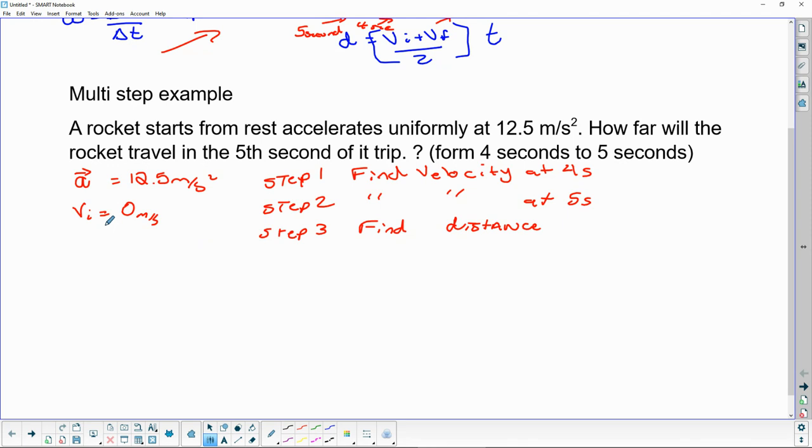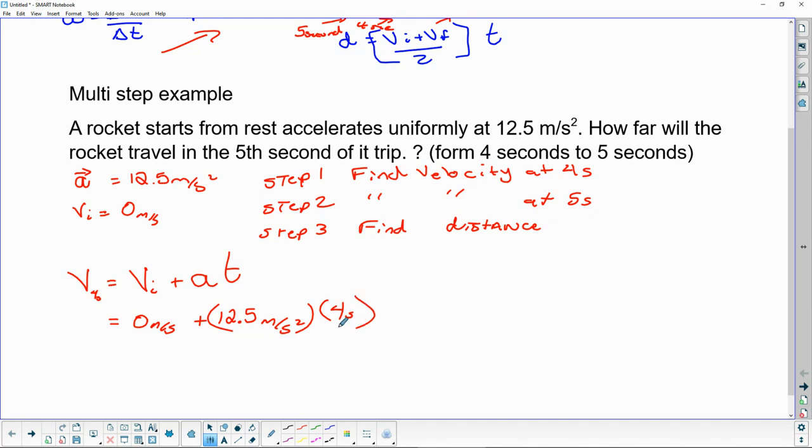Okay, so if we start at 0, our velocity after 4 seconds is going to equal the initial velocity plus the acceleration times the time. So this is 0 meters a second plus 12.5 meters a second squared times 4 seconds that we traveled.